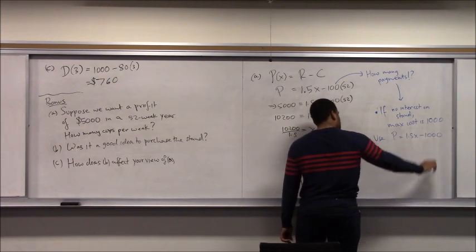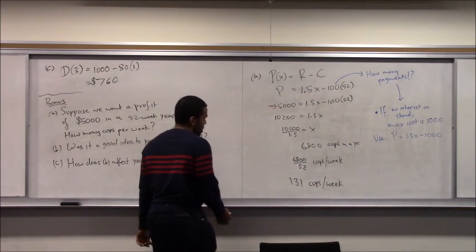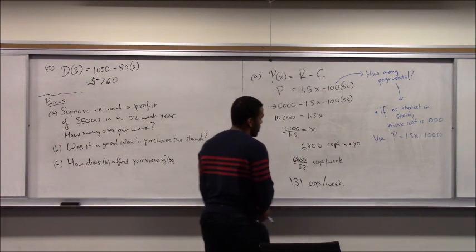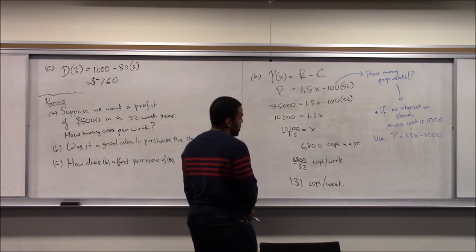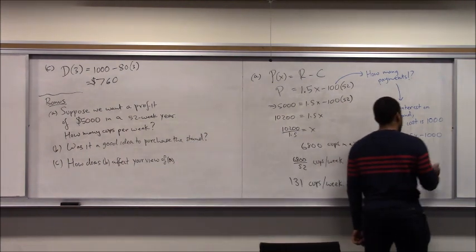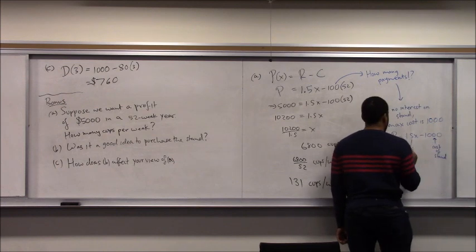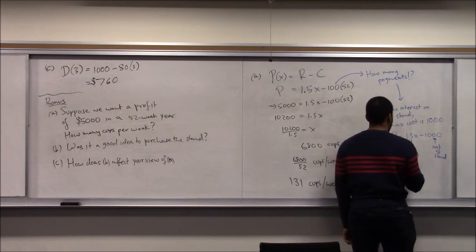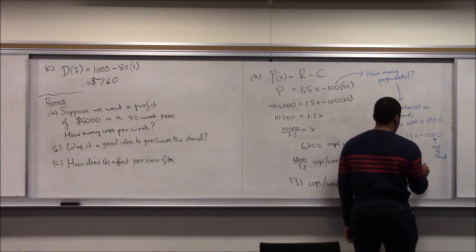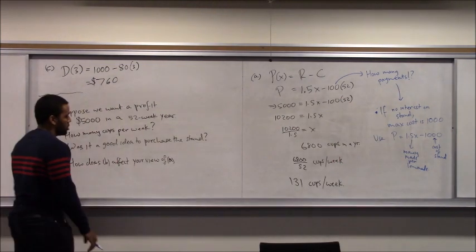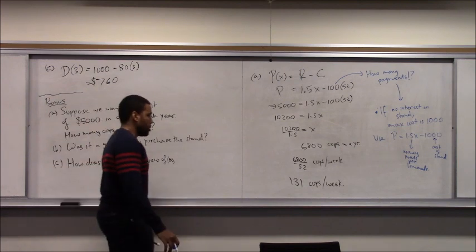This is you paying off the stand. We can assume that making 100 payments of 100 a week, you would pay it off in less than a year. So you just set the price there, and then this is what it costs you to make a cup of lemonade. This is the cost of the stand, and money made per lemonade. 131 cups a week, not that bad.